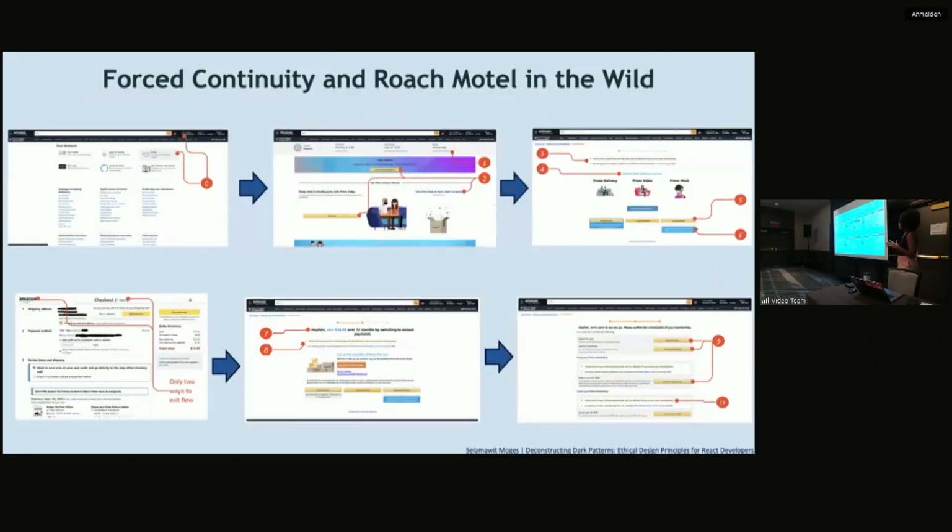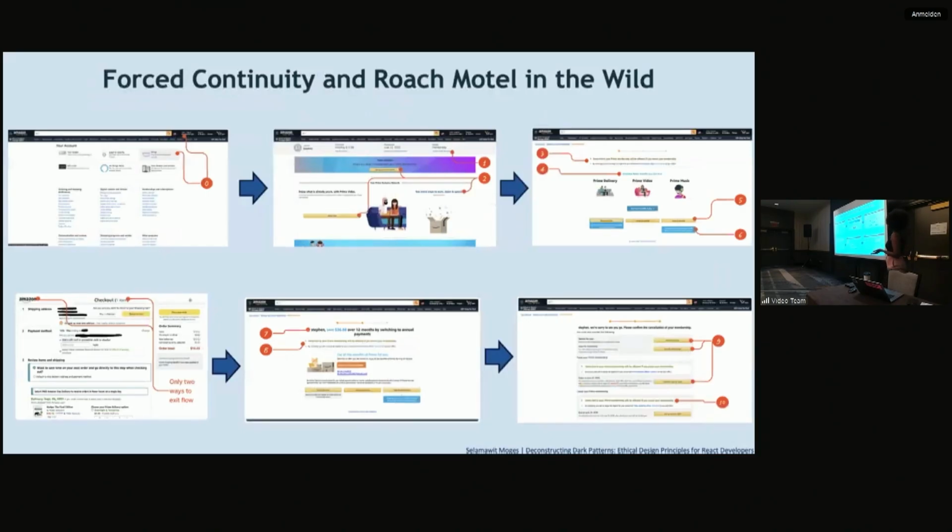Now, I didn't necessarily go through this exercise of trying to cancel Amazon Prime, but a man by the name of Stephen actually went through this entire process, and he wrote an article about it, and also wrote this article about the FTC and Amazon Prime's cancellation lawsuit. So he went through this exercise of actually trying to cancel it, and it took about 10 to 15 clicks to actually get through the cancellation.